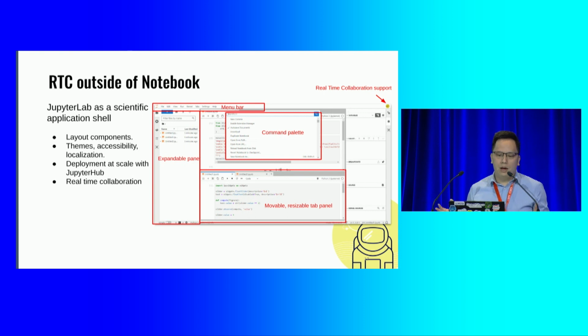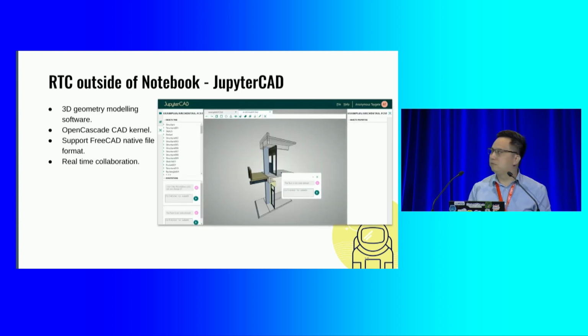And when I finish my app, I can deploy it at scale with JupyterHub. And now on the work with real-time collaboration, JupyterLab provides also a framework to build real-time collaboration application. So to illustrate the idea of using JupyterLab to build complex application, we created JupyterCAD.